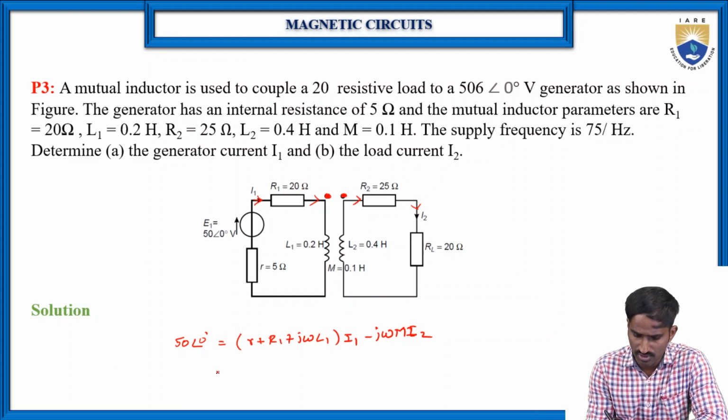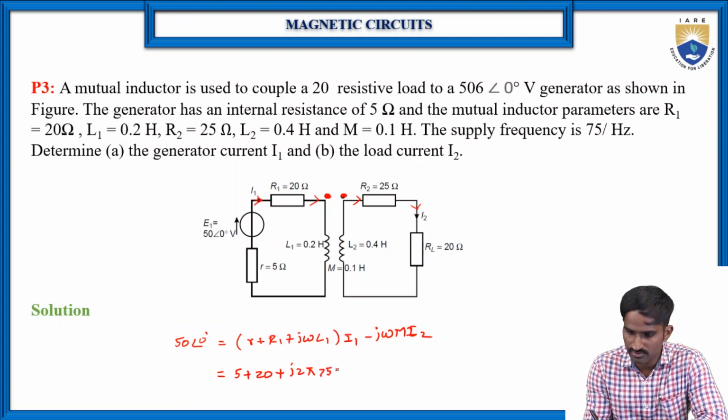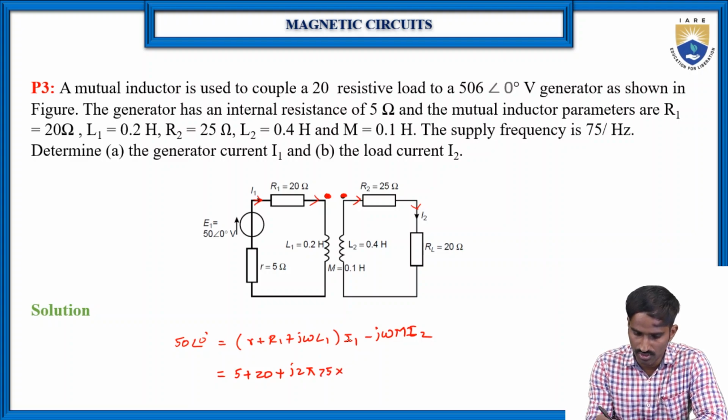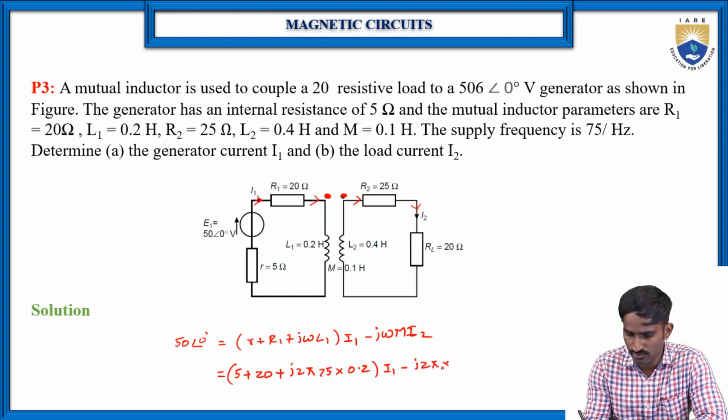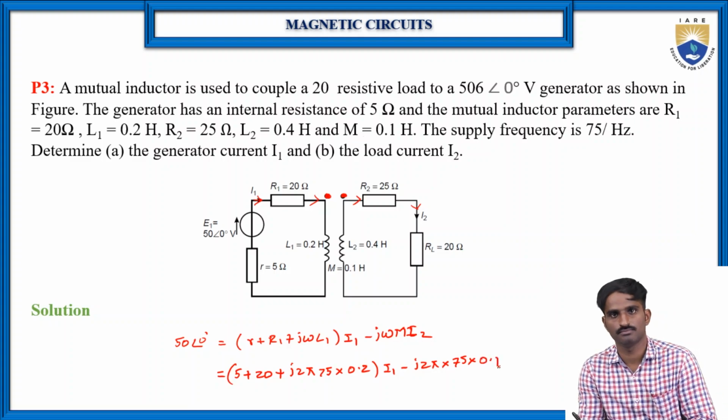Let me substitute the values. R is 5 ohms and R1 is 20, and j times 2 pi F, with F equal to 75 Hz, into L1 equal to 0.2, into I1, minus j into 2 pi into 75 into the mutual inductance value, 0.1, into I2.